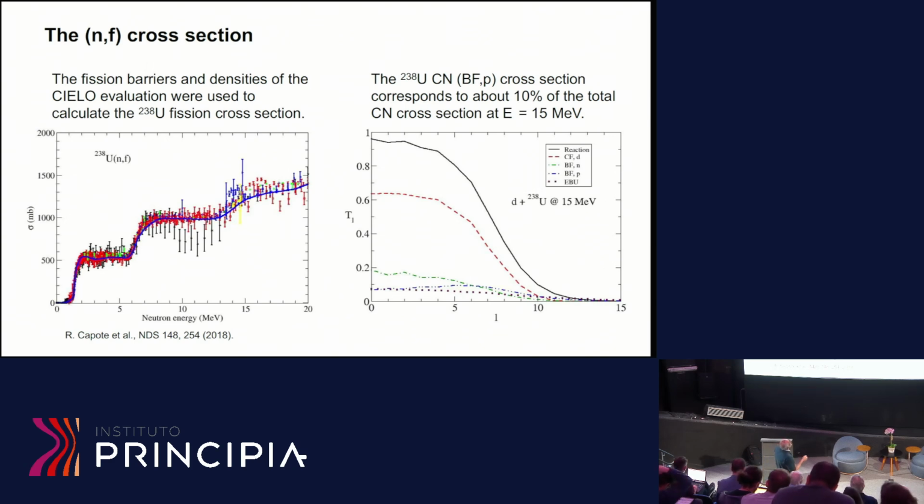And here we look at the compound nucleus cross-section that will contribute to the fission that's of interest to us. Here we see that the deuteron fusion is reduced to less than 70%, whereas the breakup fusion proton cross-section here is about 10% of the total cross-section.